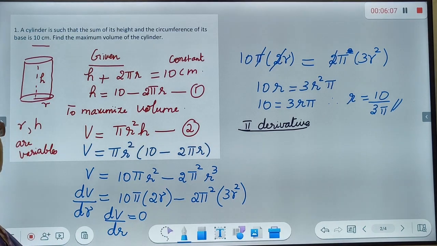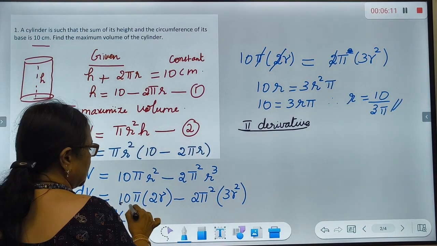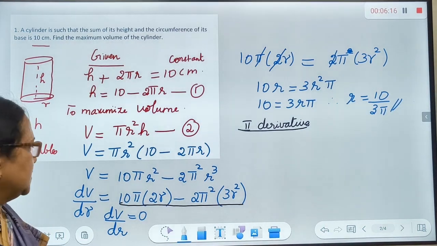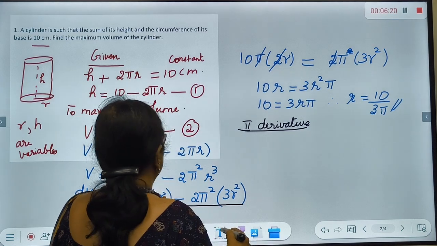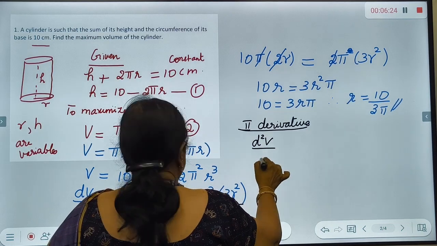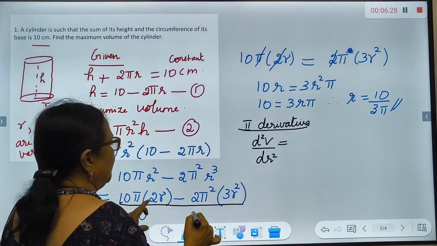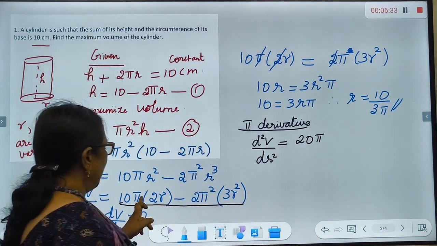How do you calculate the second derivative? This is the first derivative, so we have to differentiate this. When I differentiate 10 pi into 2r, 20 pi is a constant accompanying r. So d square V by dr square will be equal to 20 pi, because 20 pi into r.